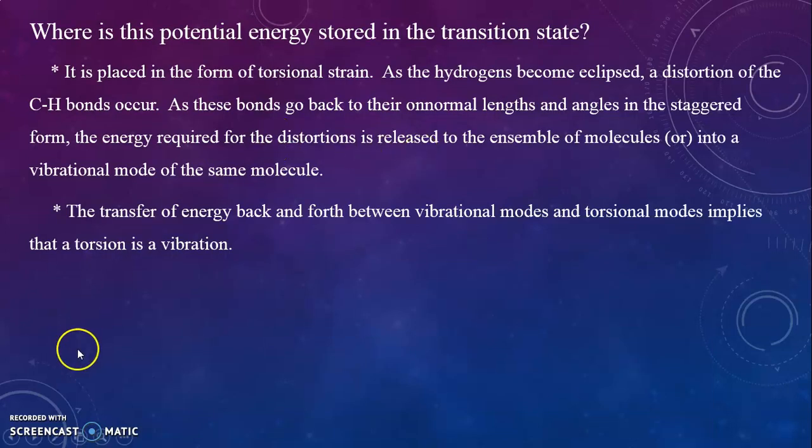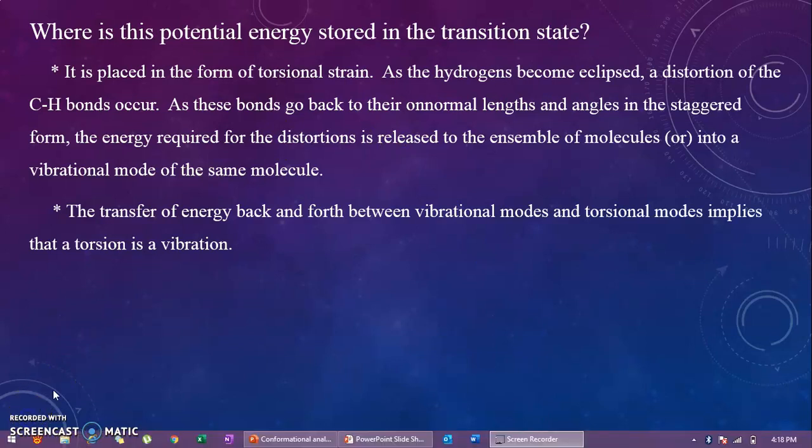Then when we move from one staggered form to another staggered form, the molecule has to cross the rotational energy barrier. So the molecule has to attain the transition state.